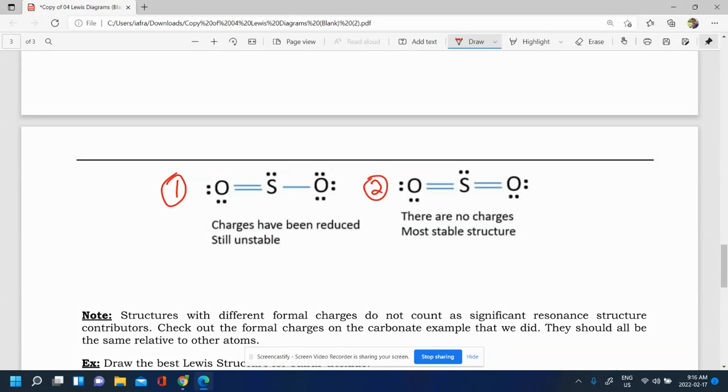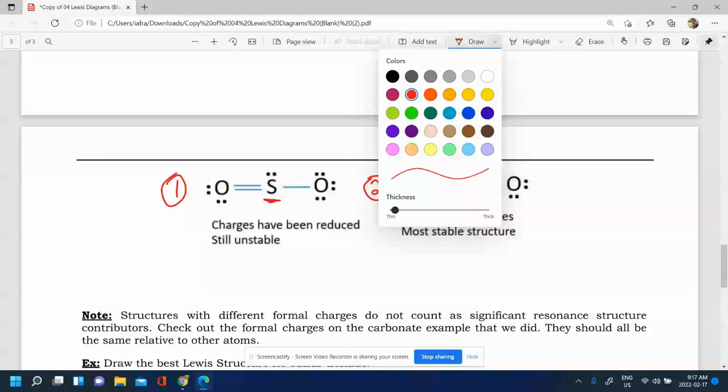They both work because sulfur can have an expanded octet, so it's okay for it to have 2 double bonds instead of just 1. But this one would work just fine as well because it has a satisfied octet. So what's the best situation in this case? The one with the satisfied octet, or the one with the expanded octet? Formal charges can help us figure out which is the best structure.